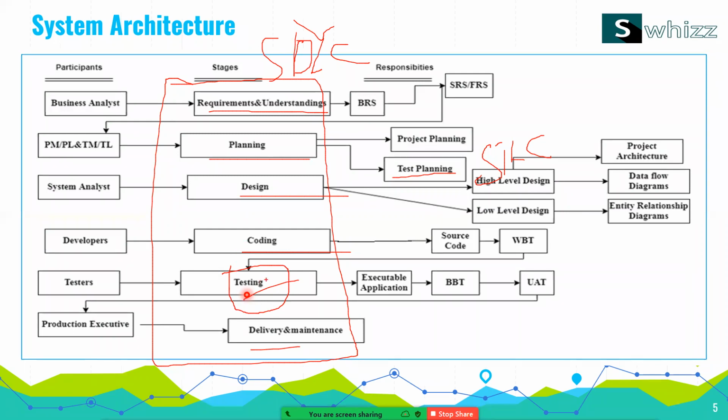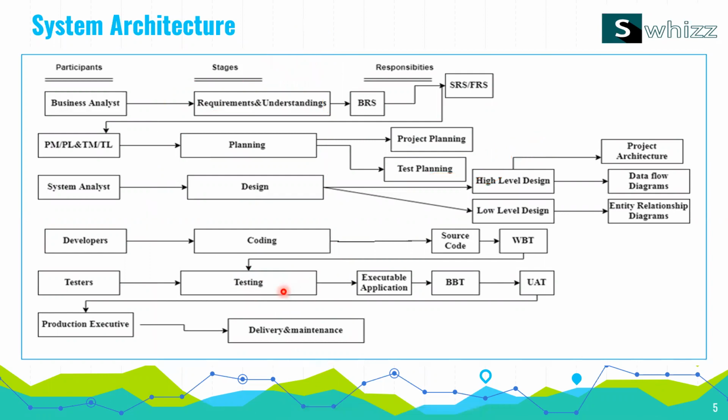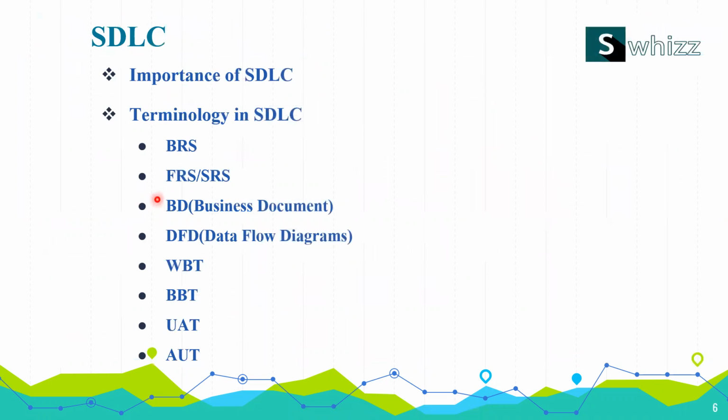What different models do we have, in which we perform the testing? Let's see the different SDLC models. Before that, what is the importance of the SDLC? If you know the different models and which model you are choosing, then to complete that model, what is the budget, what is the timeline?